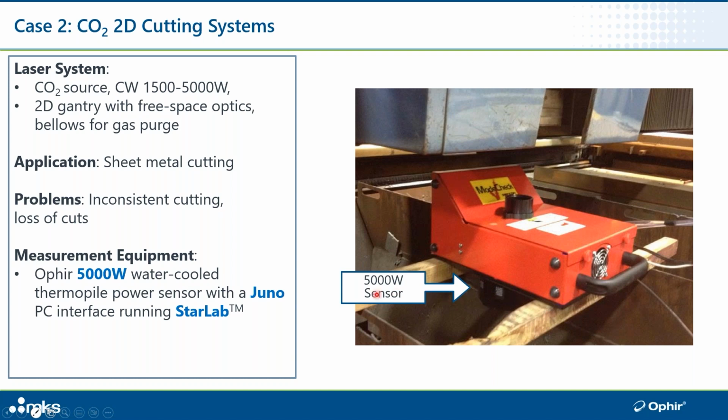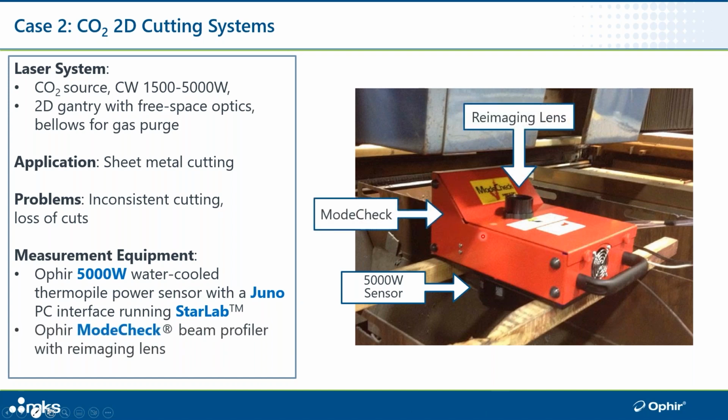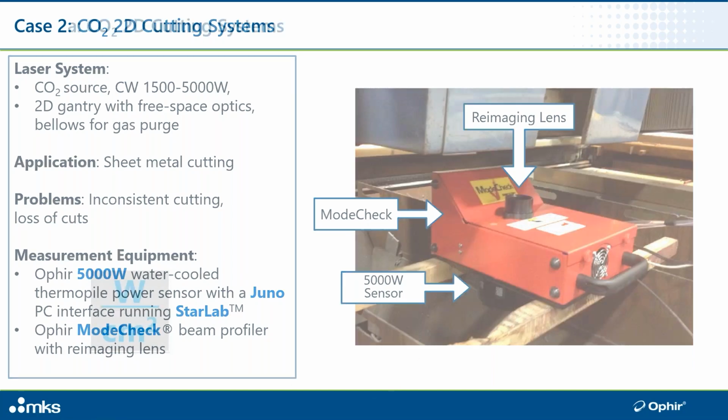That sensor is married to a Juno interface running the StarLab software on a local PC. And then this is the ModeCheck beam analyzer. In this case, there was a re-imaging lens, used so we didn't have to take the head out in order to analyze the beam. So that's a picture of the system.